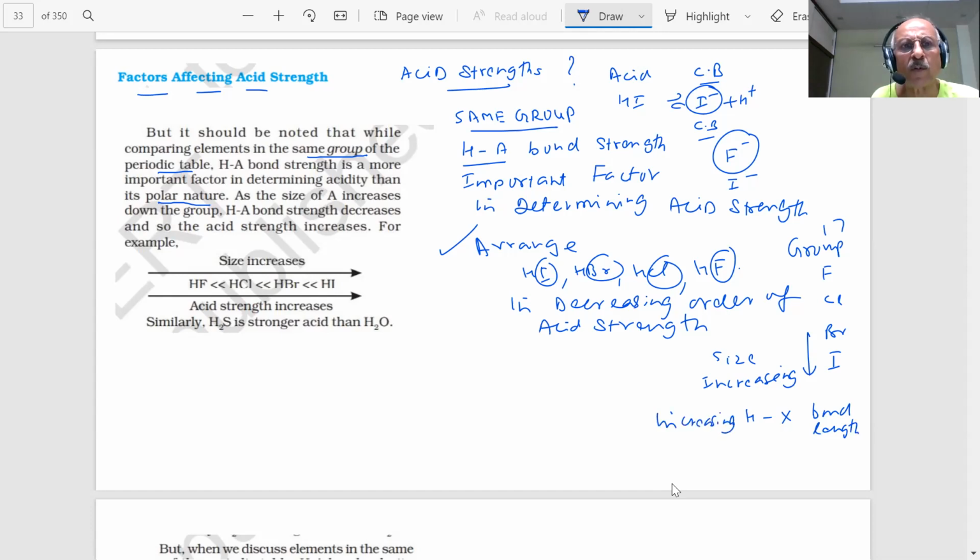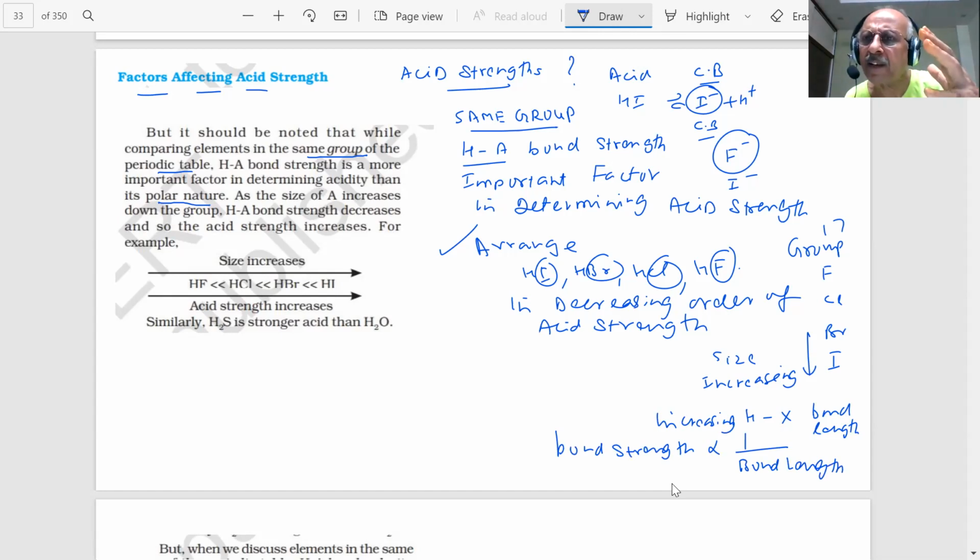And in general, we told you the bond strength is inversely proportional to bond length. Certain generalizations we are making will be used in every group. So we are not mugging things up, but trying to understand the basics which can help answer questions in any competition exam.